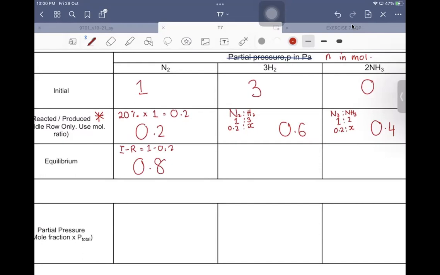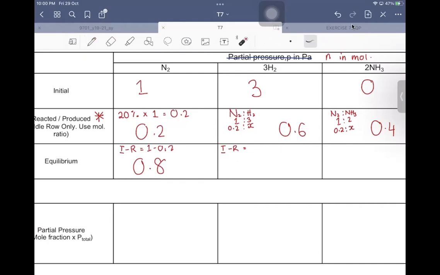I am nowhere near my partial pressure, okay? Please bear in mind that I am not at partial pressure yet, and that is fine. We're just doing things one step at a time. Same thing for hydrogen. I need to take the initial mole of hydrogen minus the reacted mole of hydrogen. If I'm looking at hydrogen, I need to focus on just hydrogen.